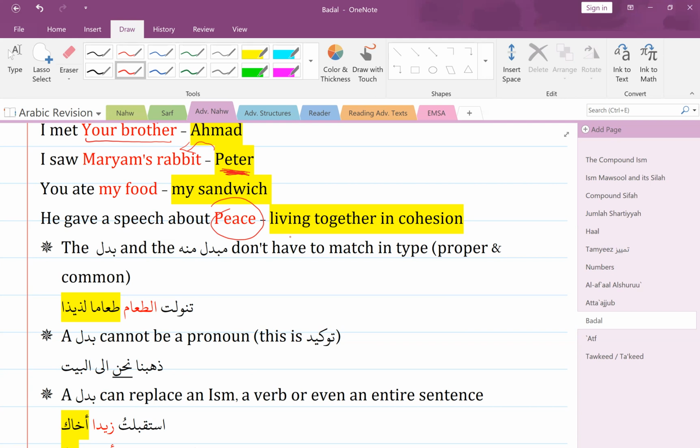For example, I've given you an example here. تناولت الطعام. I had some food. طعاما لذيذا. Delicious food. So you see the first part, it has الطعام, it's proper. But the badal itself, it's common. طعاما لذيذا. So that can happen. Do not be so consumed with the fact that you need to match all 4 properties. It doesn't have to match in type. This is very important. Maybe I should underline this and make it bold.